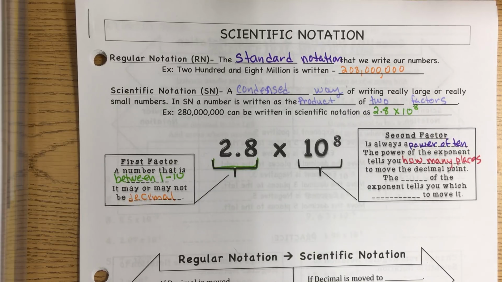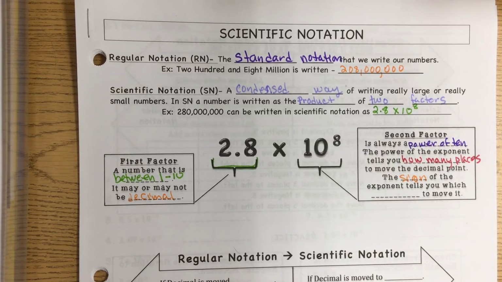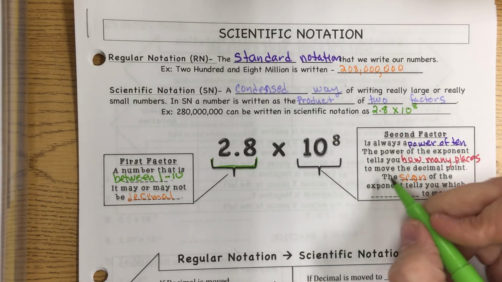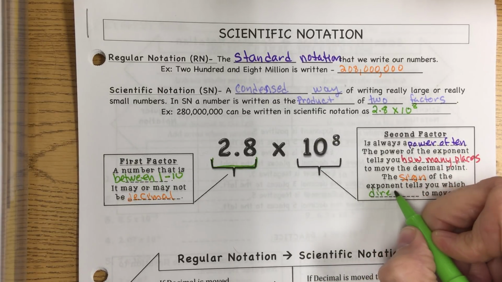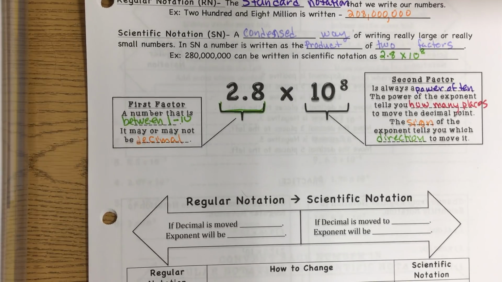The sign of the exponent tells you which direction to move it. Now, normally I will never say move left or right. I will say if it's a big number to start off with, then it needs to end as a big number, and vice versa. If it's small, then it needs to be small.